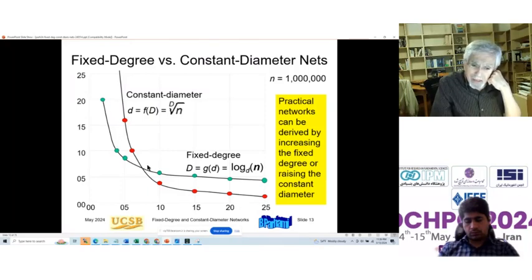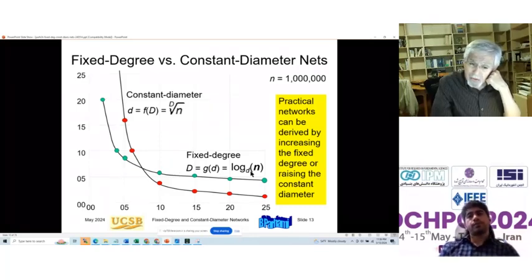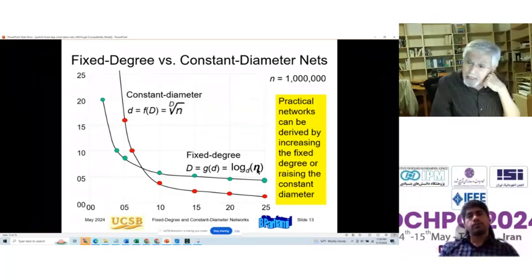The green line is diameter as a function of node degree. So if I'm willing to use nodes of higher and higher degrees, then I can reduce the diameter according to the function log base d of n.